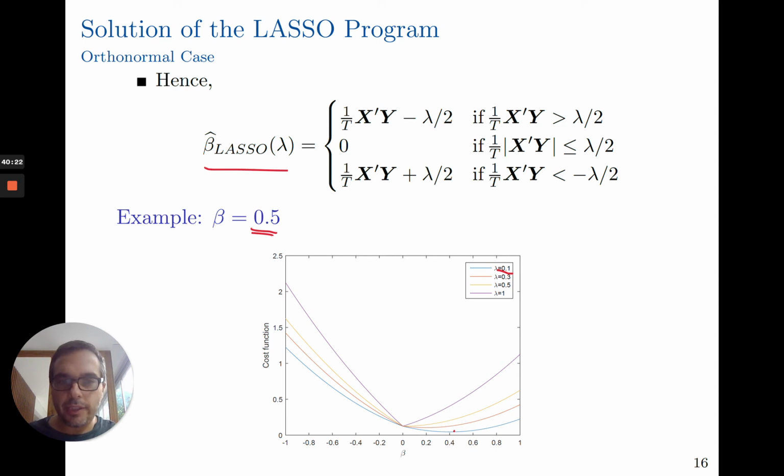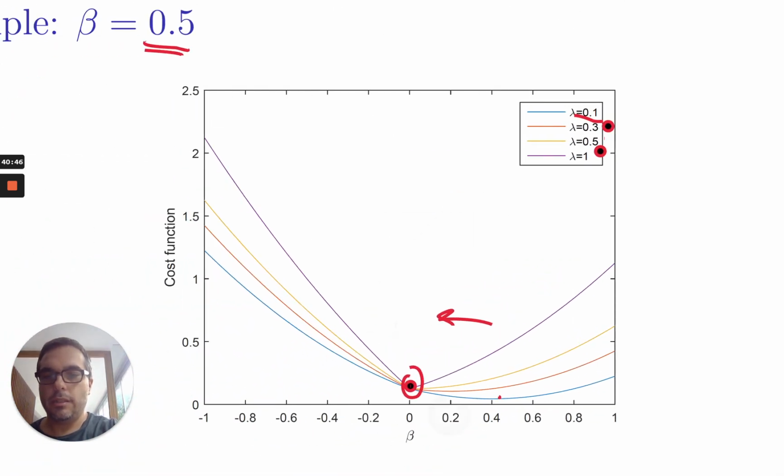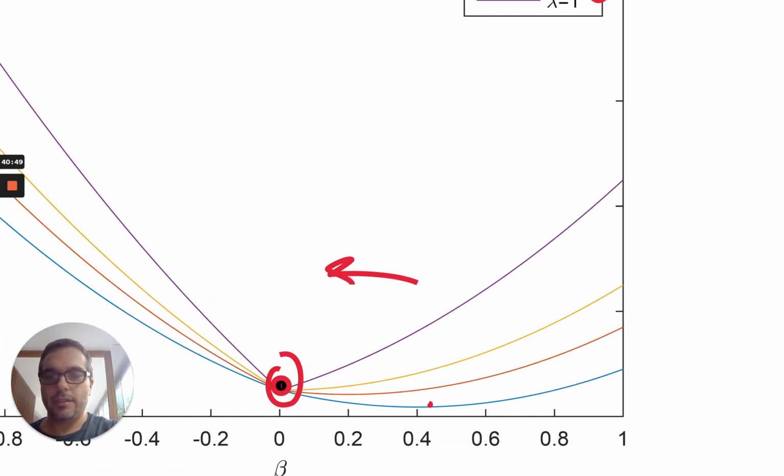As we increase the values of lambda, you see that the minimum of the cost function is going in the direction of 0, and in the limit here where lambda equals 1, you see that there is a clear kink here. We can amplify this for you to see that there is a kink here.